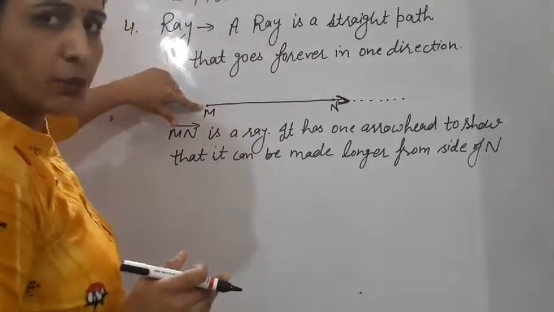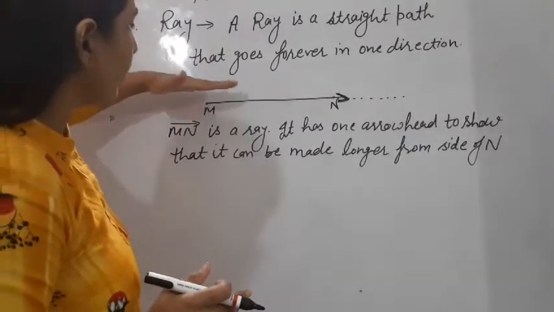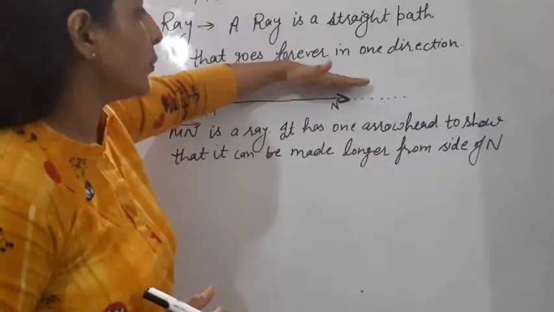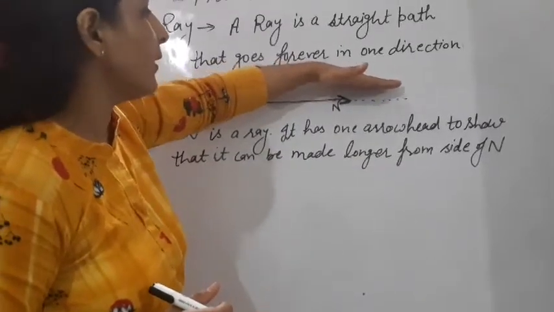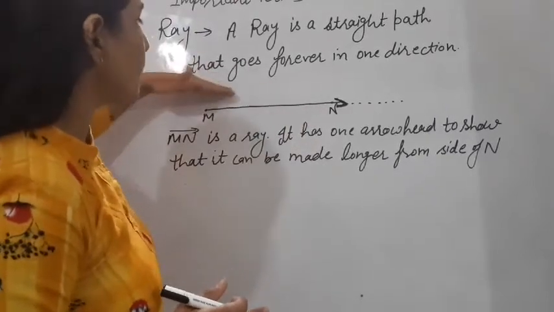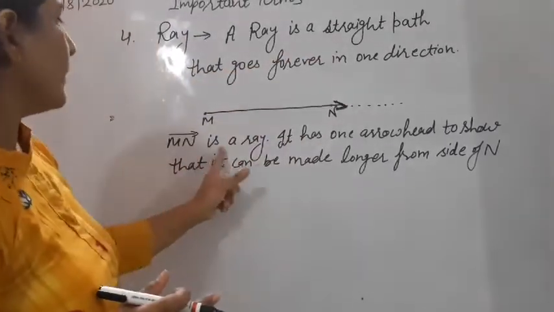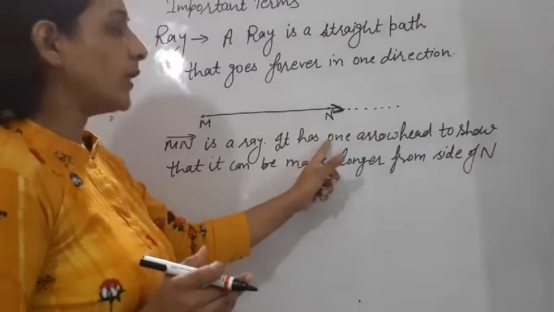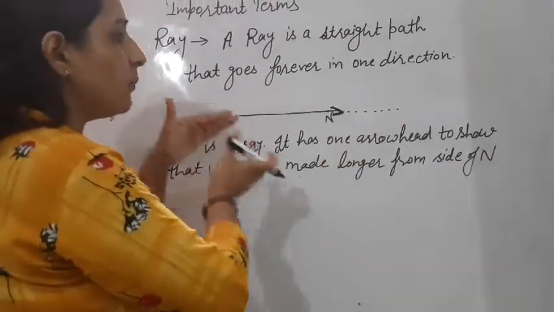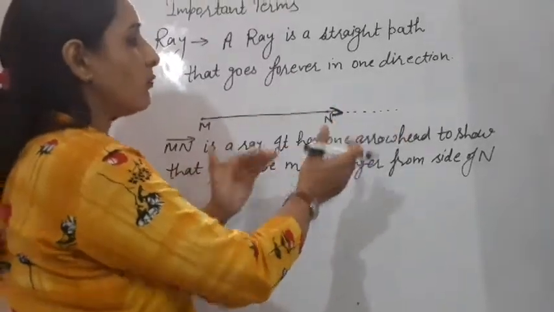This is the initial point. It is starting from there and moving in this side, continuing in the N side. It is moving from M to N. MN is a ray. It has one arrowhead to show it can be made longer from the side of N.